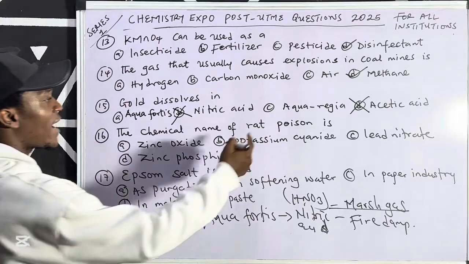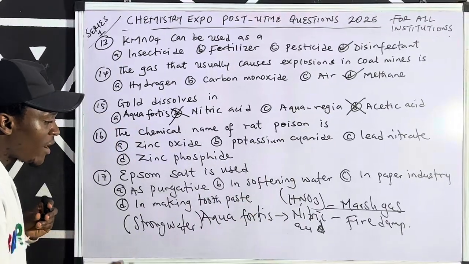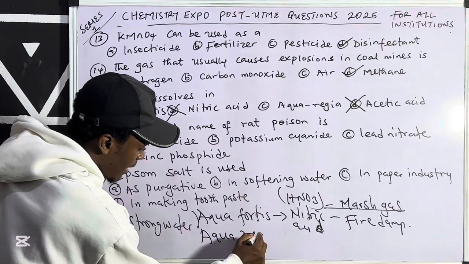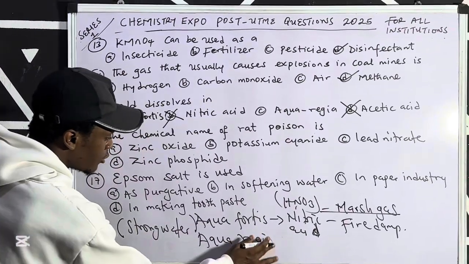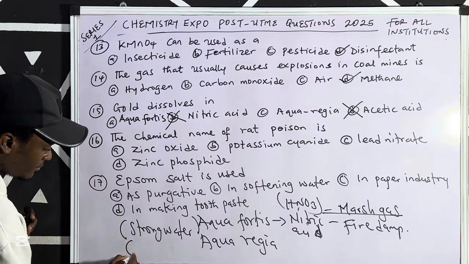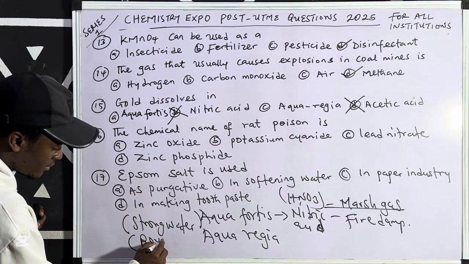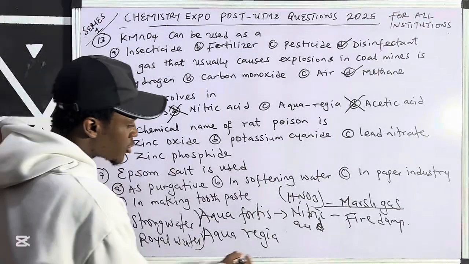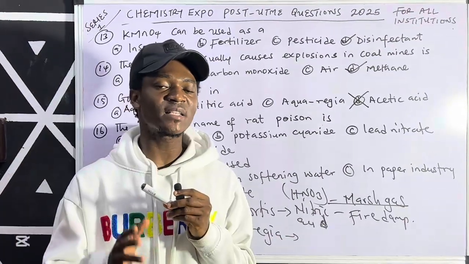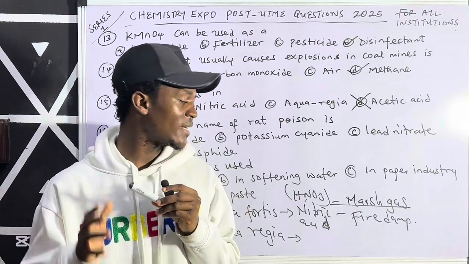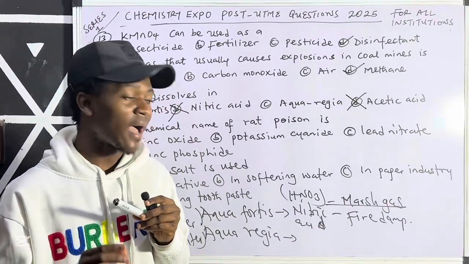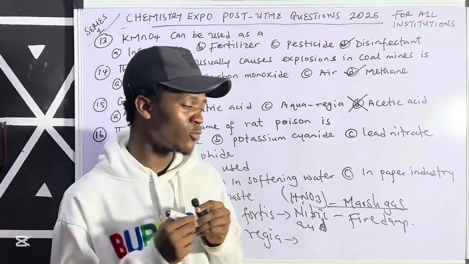Then what about aqua regia? Aqua regia is simply a mixture, and it's also known as royal water. Take note of these names, very important. Now, it's a mixture of concentrated hydrochloric acid and concentrated nitric acid. And what are their respective ratios?